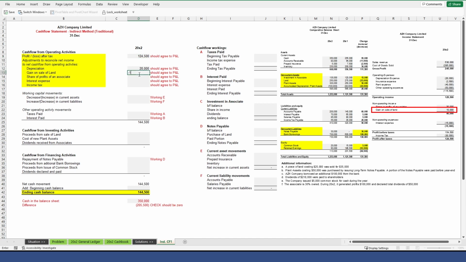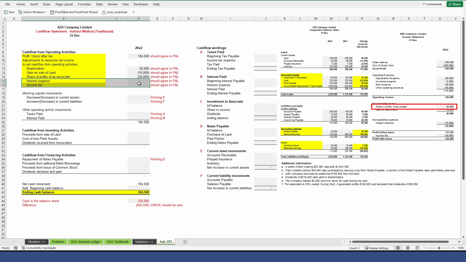So it's going to be negative 10,000, which is a reverse of the sign of the one that we see in the income statement. Same item with a share of profits of an associate, because this is an investing activity. We have 30,000 of share of profits in the income statement, which means that we have to input a negative 30,000 in the statement of cash flows.